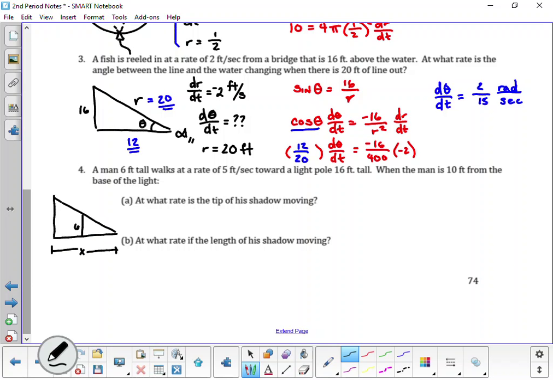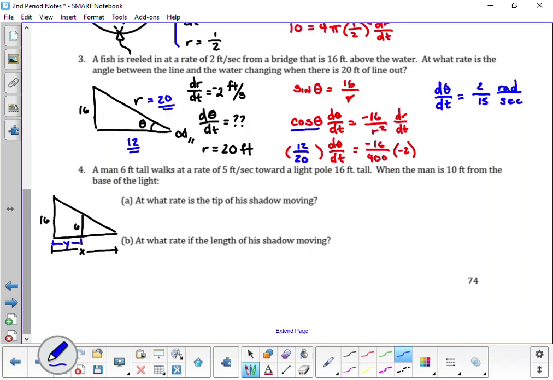The light pole is 16, and the rate that he is walking is 5. So let's label this distance from here to here y. Are you with me there?